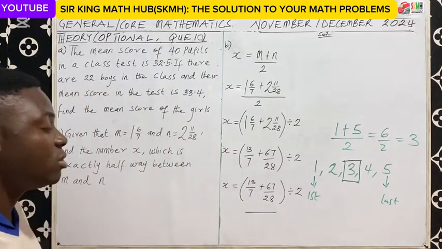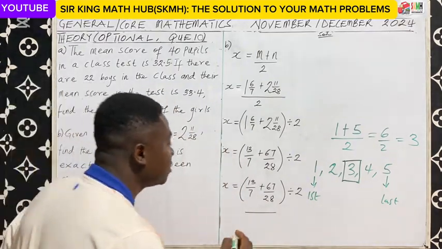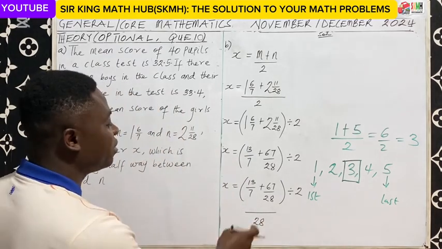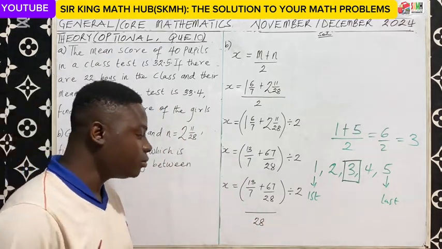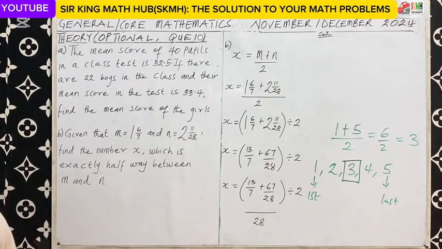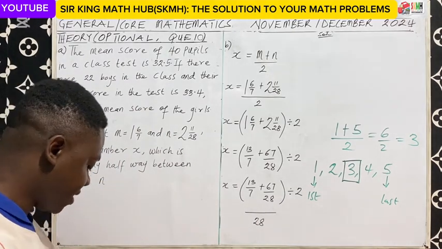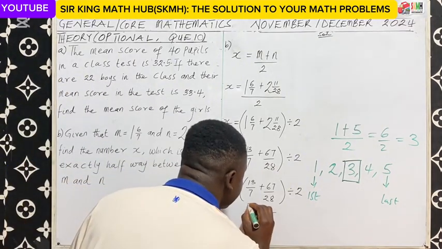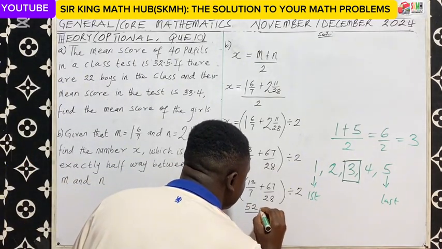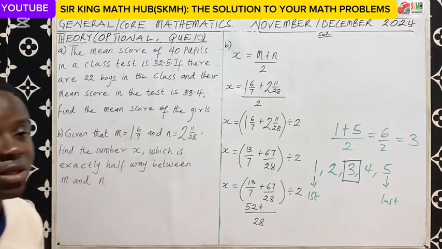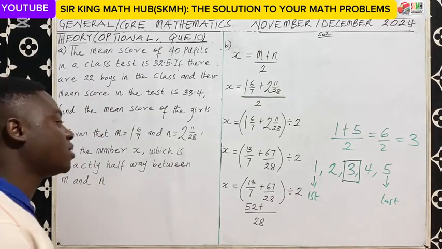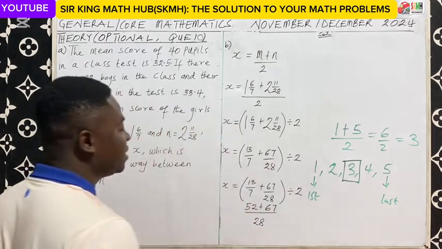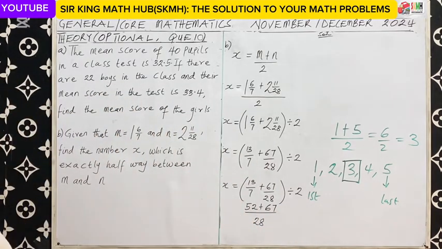So the least common multiple of 7 and 28 is 28. 7 goes into 28, that is 4. Then 4 multiplied by 13, 52. Plus 28 goes into 28, that is 1. And then 1 multiplied by 67, we have 67.